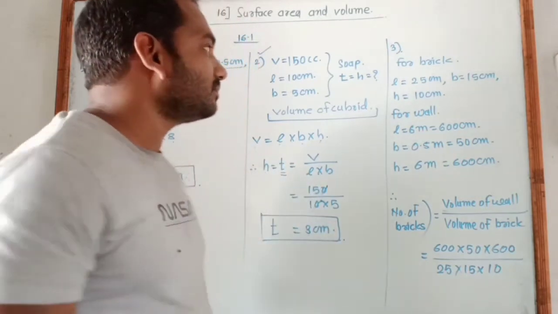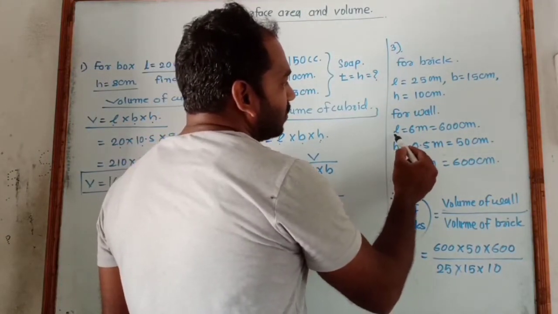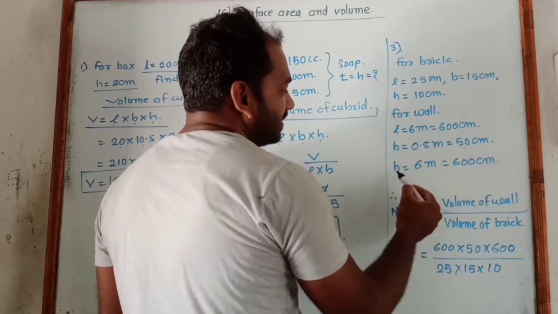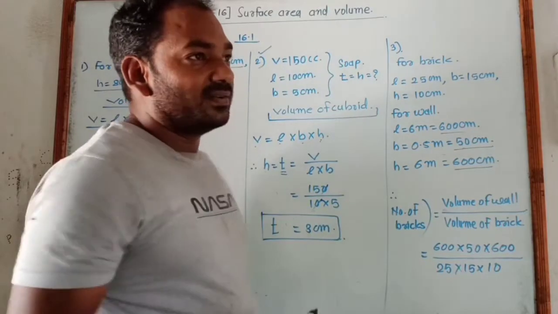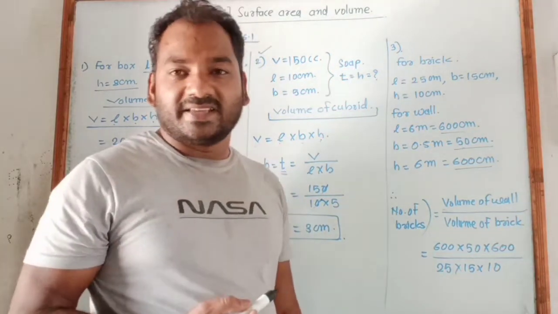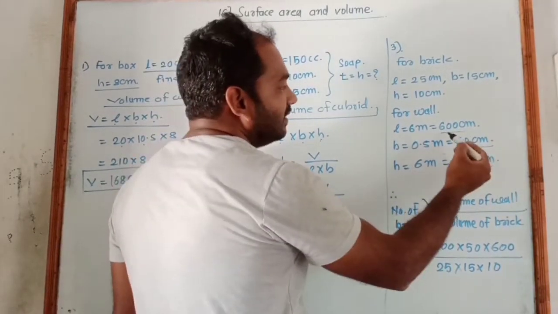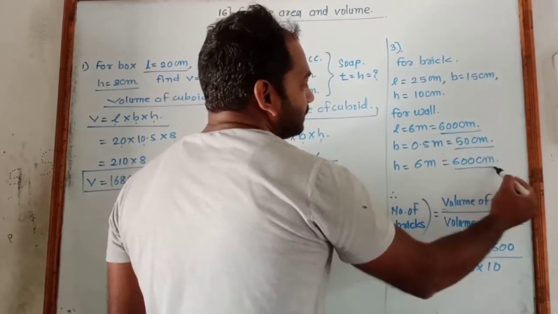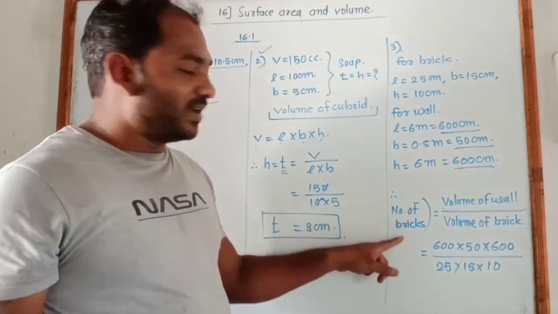So what we do here, first we convert length of wall in centimeter, breadth in centimeter and height in centimeter. That means 1 meter contains 100 centimeter, so every time we multiply with 100 and we get the conversion like this. Remember one more important thing, the number of bricks.